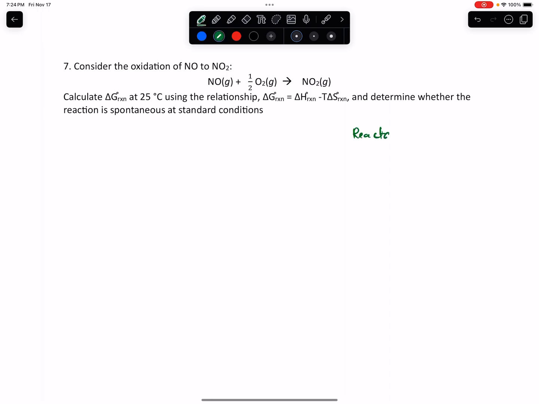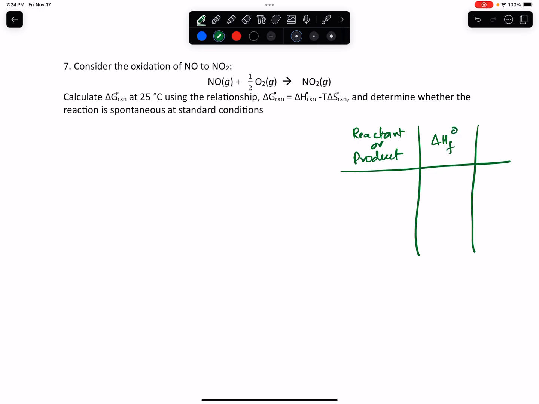Delta H naught of formation is given in kilojoules per mole, and S naught is given in joules per mole Kelvin.